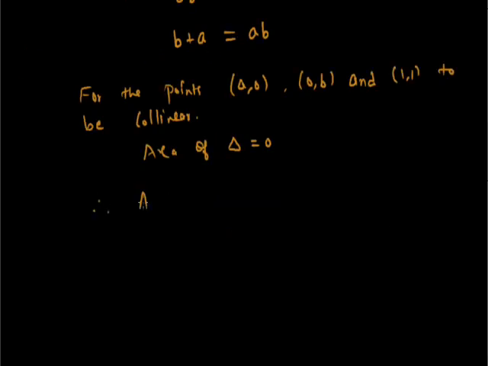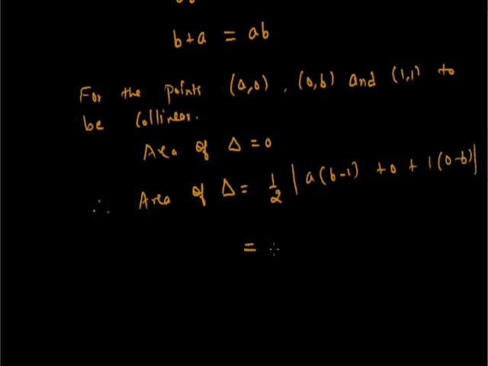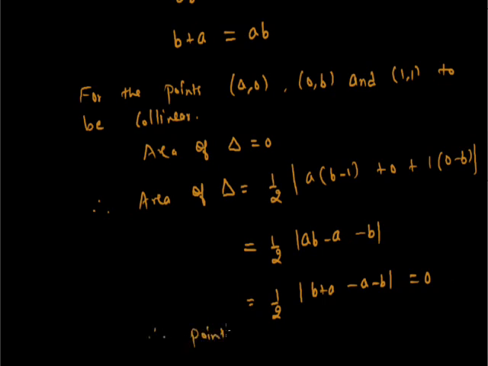Therefore area of triangle is equal to half of a(b minus 1) plus 0 plus 1(0 minus b). So this will be equal to half of ab minus a minus b. The value of ab is b plus a, so ab minus a minus b will be equal to 0. Therefore points are collinear.